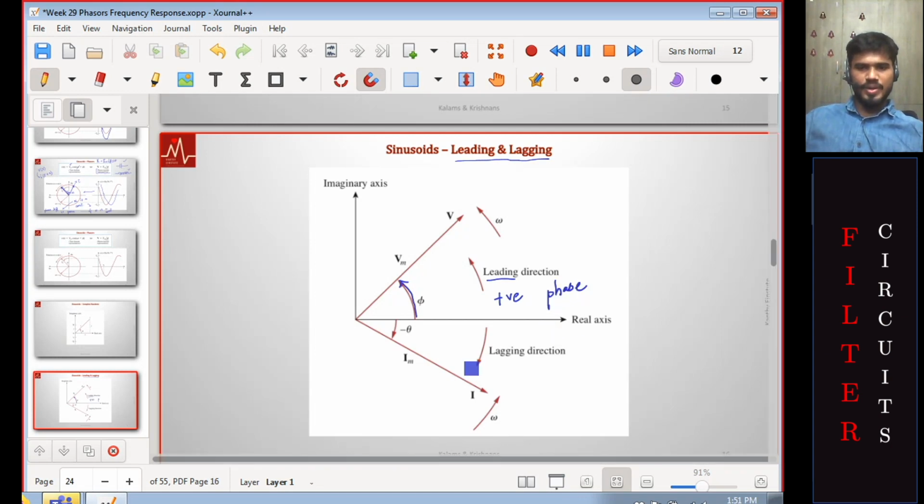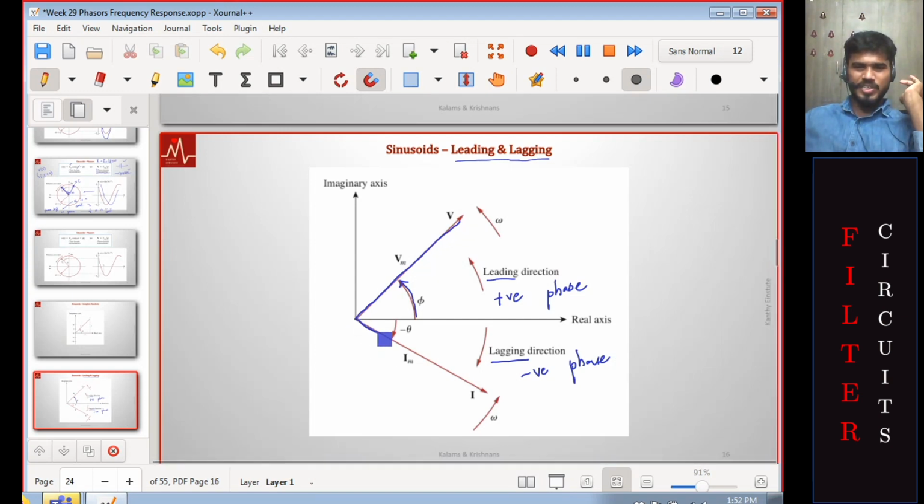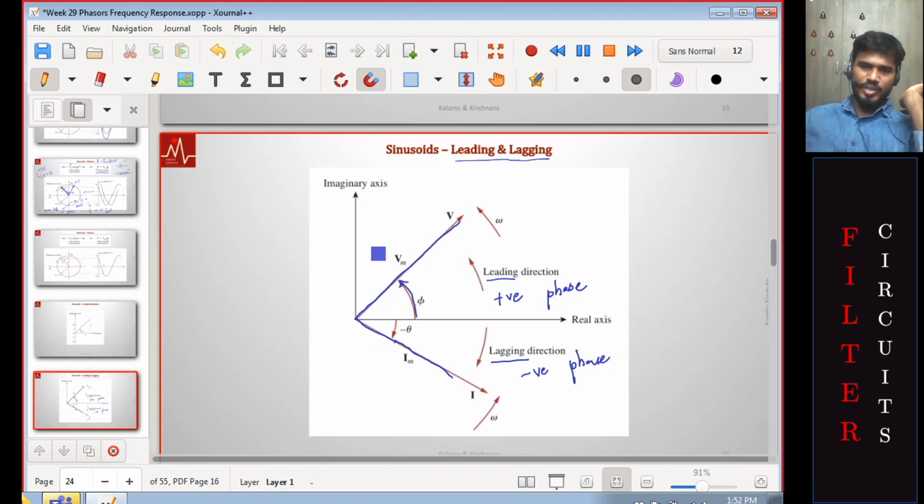And with respect to the x-axis, if things are in the negative phase, that is known as a lagging direction. What is shown here is the voltage vector and the corresponding current vector for some element, whether it's a capacitor, inductor, or a combination of capacitor and inductor, we don't know, some arbitrary combination. If the current is over here, it has a negative phase. If the current is above the voltage, it has a positive phase.